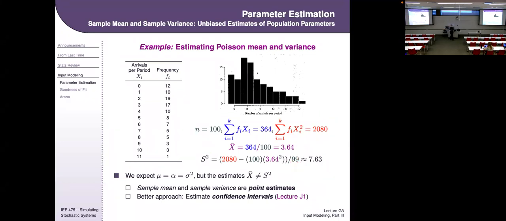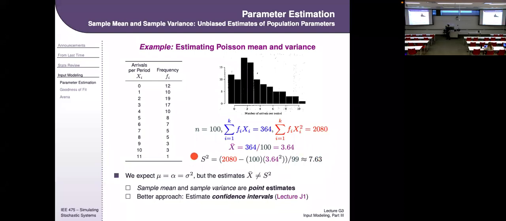Okay, the reason I bring this up is that for the Poisson, the mean and the variance match in the distribution. So in theory, if I want to estimate the mean or the variance, you'd say, well, maybe I could use this one or this one, either one to estimate both.